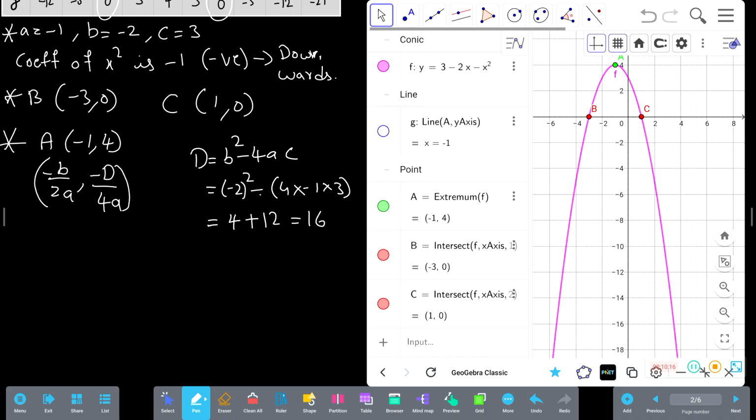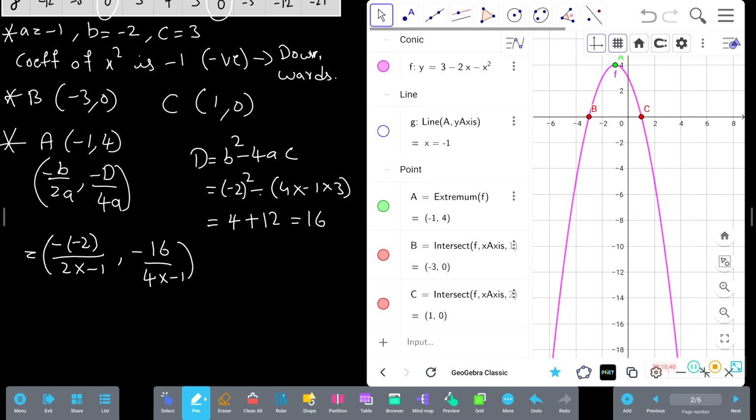We substitute the values here. Minus b by 2a, minus b is already minus 2 again, and by 2a, 2 into minus 1, minus d is minus 16 by 4 into a is minus 1.